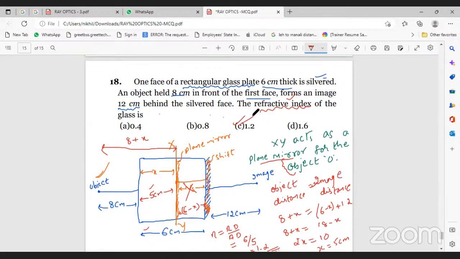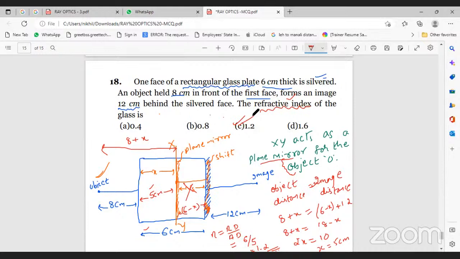Are you finding it difficult? This is slightly tough, sir, but understood. In competitive MCQ exams like NEET, you have to think like this, because there will be two types of refractions in this problem. The bottom surface is silver and that bottom surface will get shifted because of the normal shift.